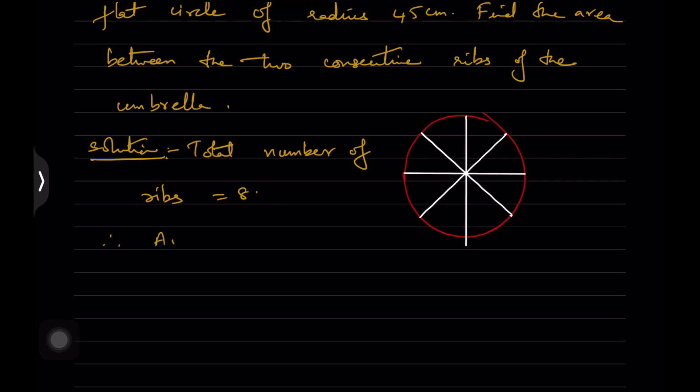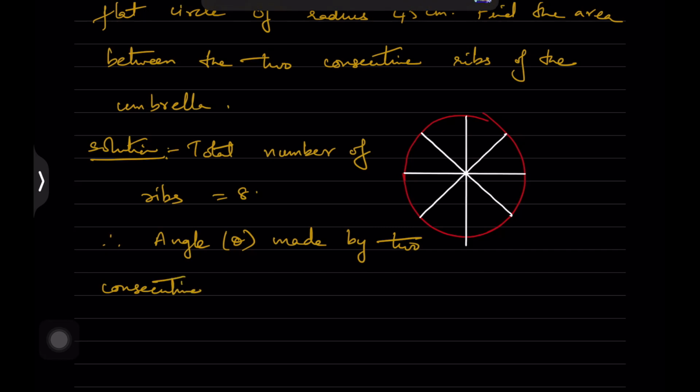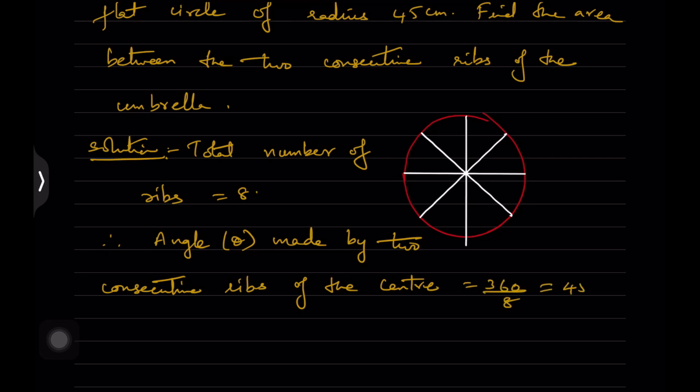Therefore, the angle made by two consecutive ribs at the center is equal to 360 by 8, which is equal to 45 degrees.